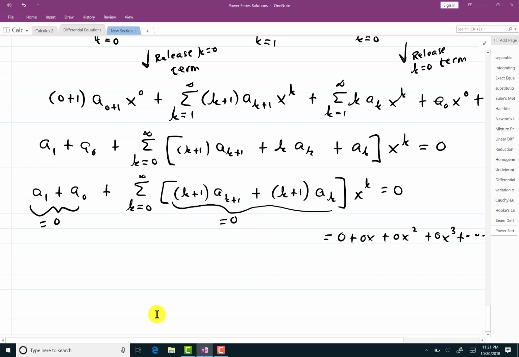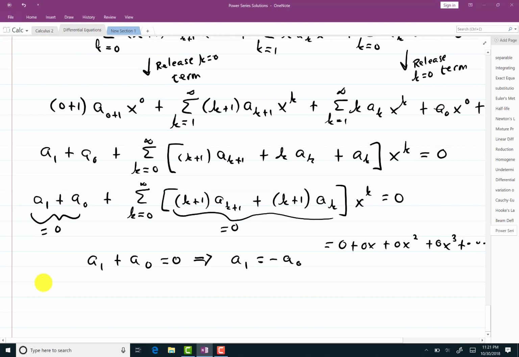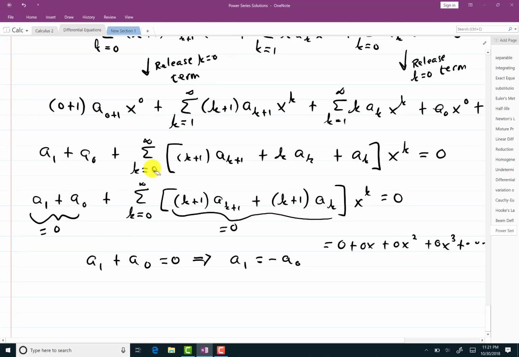So let me set a1 plus a sub 0 equals 0, and then I'll get a sub 1 equals negative a sub 0. From then on, for the rest of the terms here, careful, I just noticed a mistake that I made. Fix that.